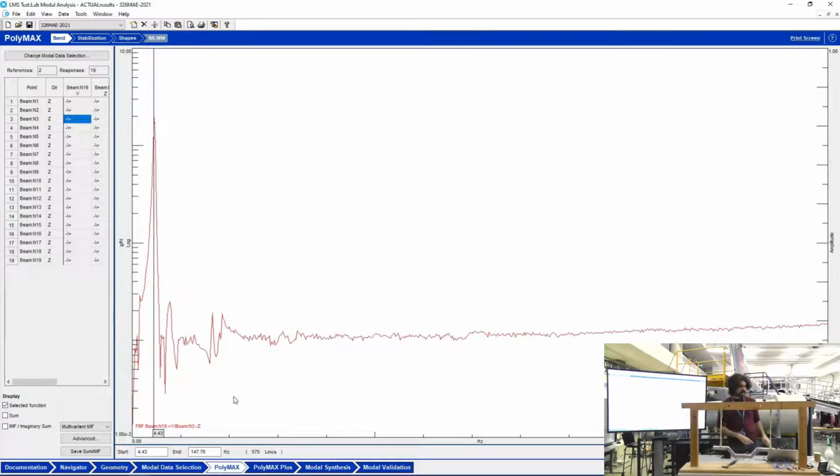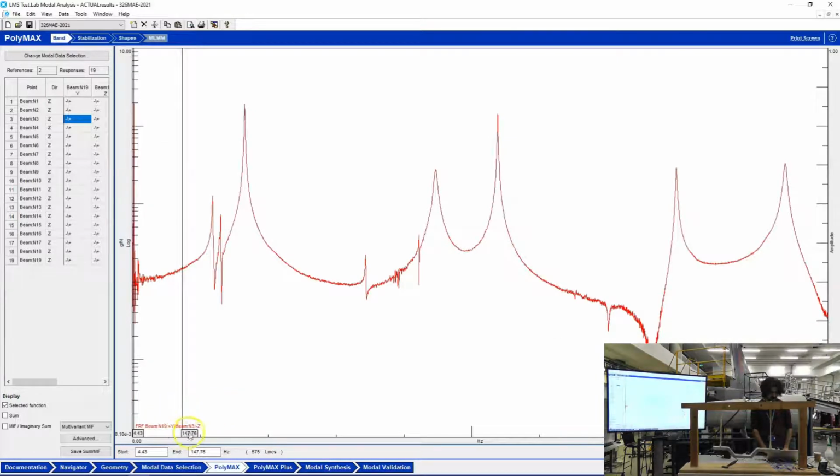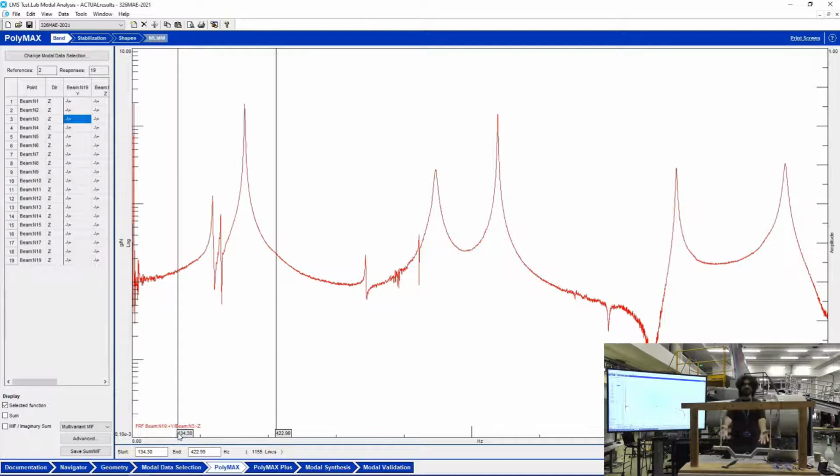And that's why I was saying earlier that it doesn't matter if it's not a perfect free condition, so it's not suspended in mid-air. Doesn't matter if it's not perfect as long as these elastic bands have a frequency that is very, very small and it's well away from the first peak.